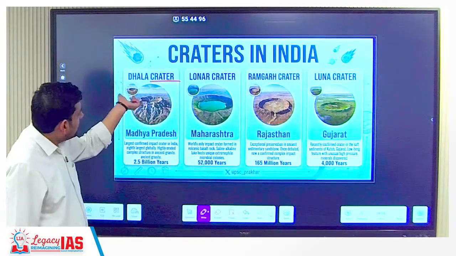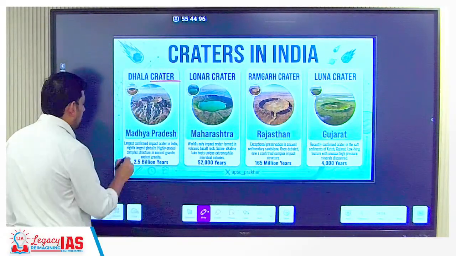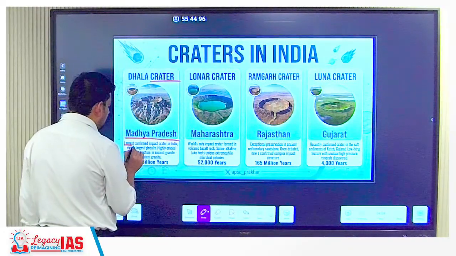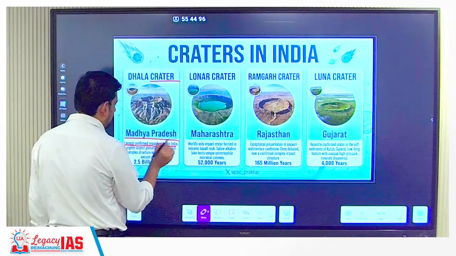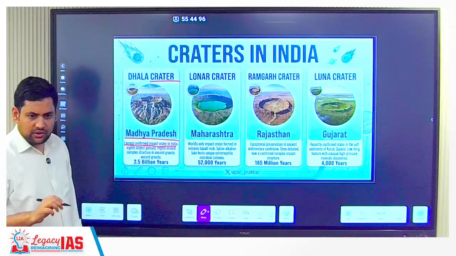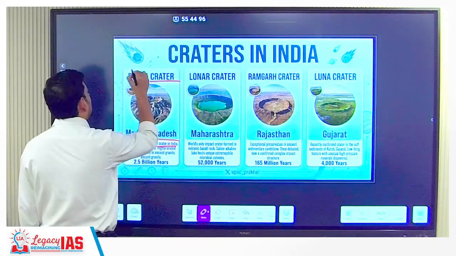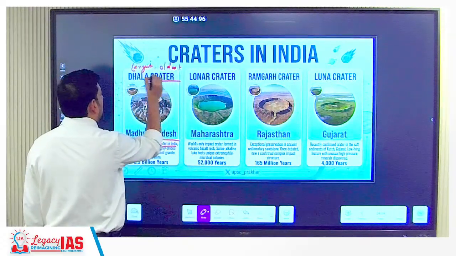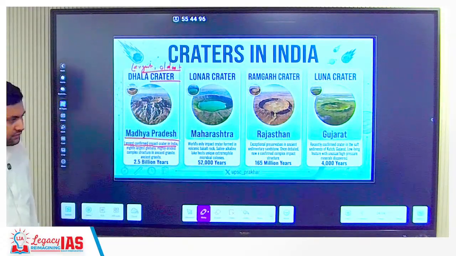Now there is Dhala crater, this is in Madhya Pradesh. This is the largest confirmed impact crater in India. The largest, as well as the oldest in India.